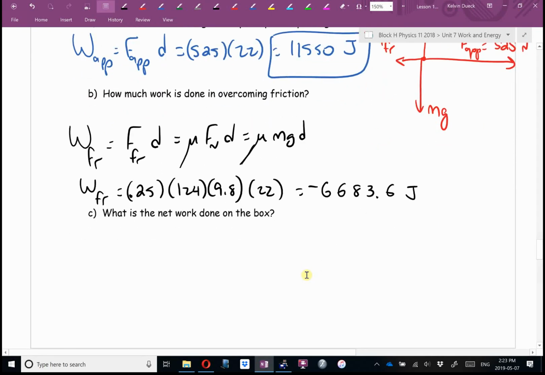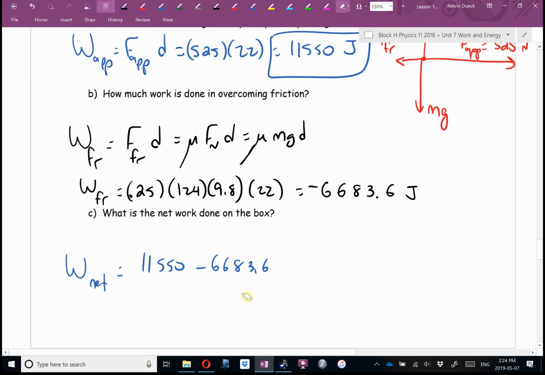Matt, what's C want me to find? In that work. How would I figure that out? Well, I think that's going to be the total work that we put in, 11,550, minus the work that we lost due to friction. Don't do a minus minus. You could also have said plus negative, but I just think, they're in opposite directions, bigger minus smaller.